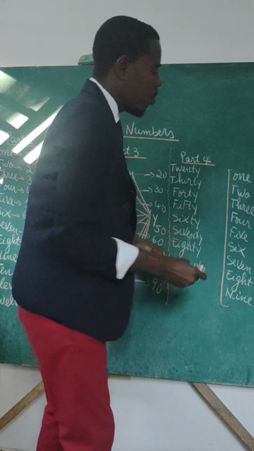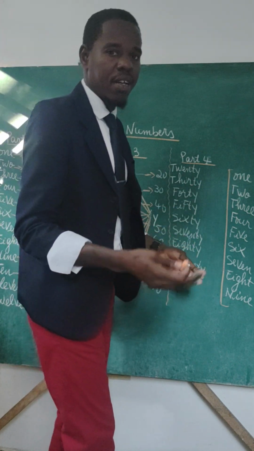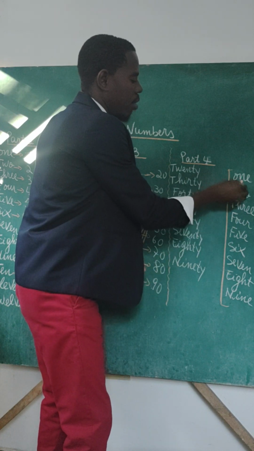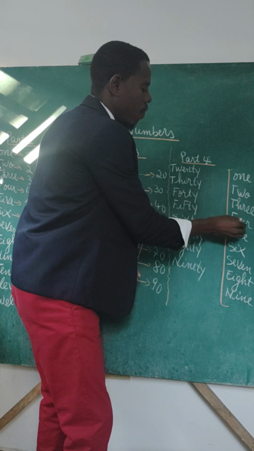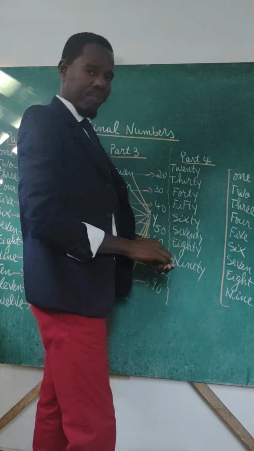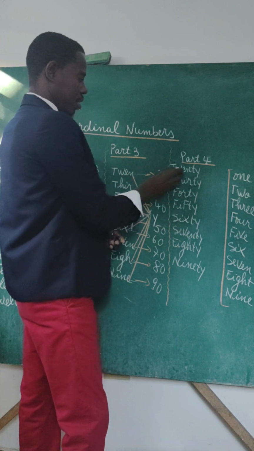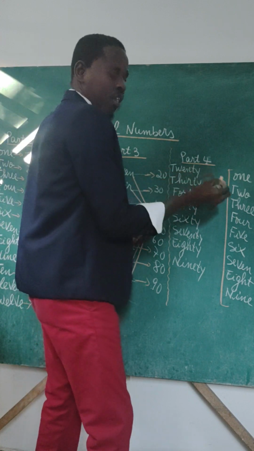So, how do you do it? The first thing you need to know is how to count from 1 to 9. So, how do you count from 1 to 9? 1, 2, 3, 4, 5, 6, 7, 8, 9. How do you say this number in English? You say 20. It's very easy.